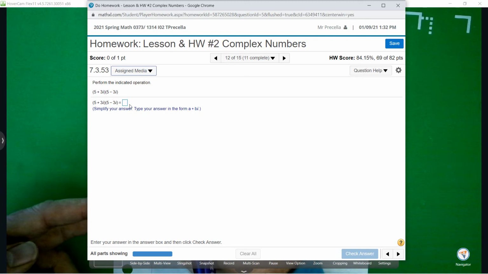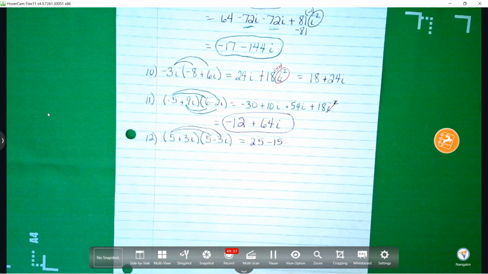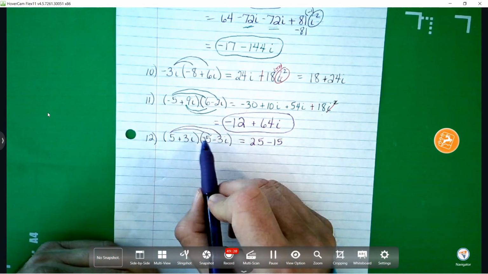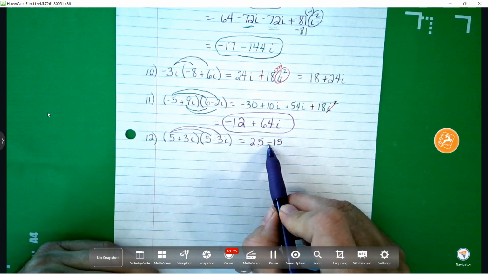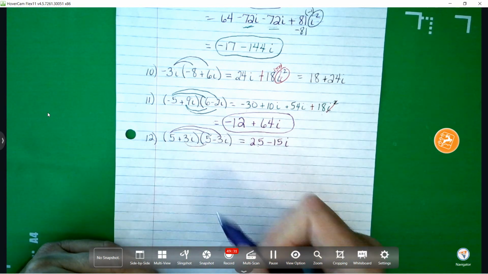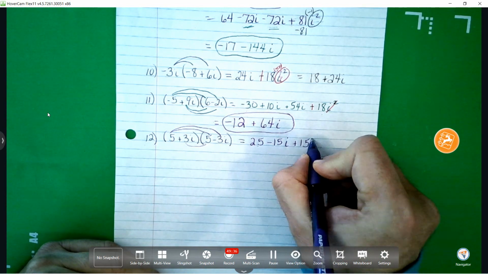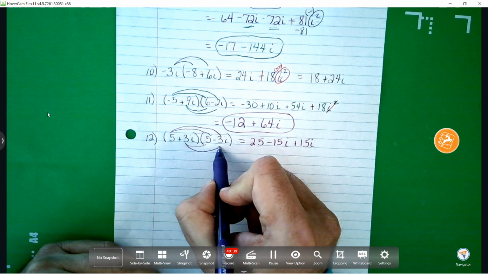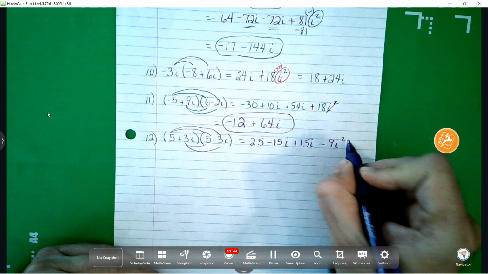Let me start foiling it out. 5 times 5, 25. 5 times a negative 3i is a negative 15i. 3i times 5, would that be a plus 15i? And then 3i times a negative 3i, is that a negative 9i squared?